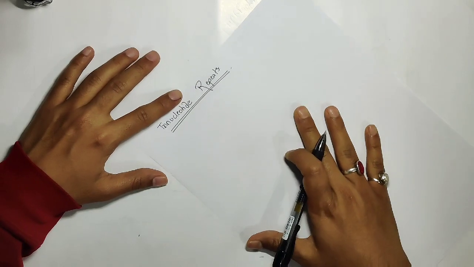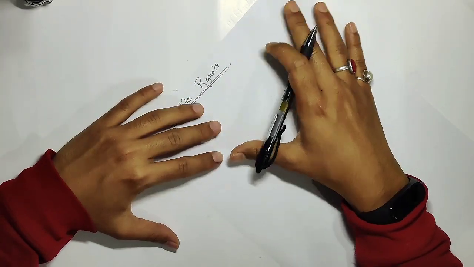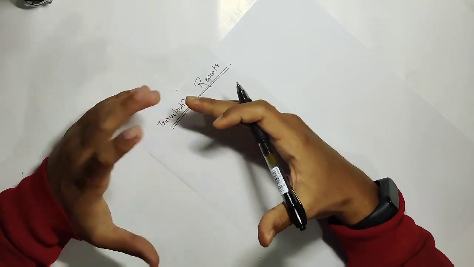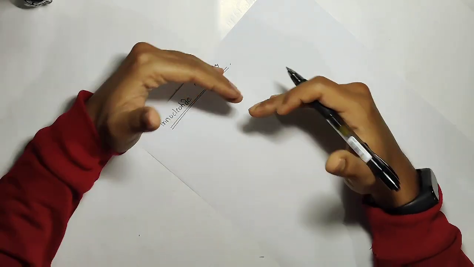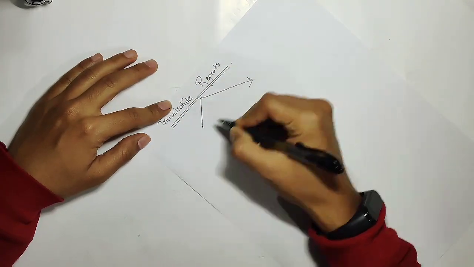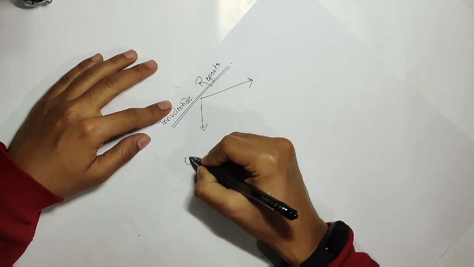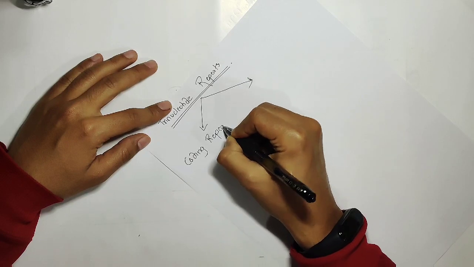All right, so before talking about trinucleotide repeats, I will be dividing them into the ones that code and the ones that do not code. So it can be classified into coding repeat expansions and non-coding repeat expansions.